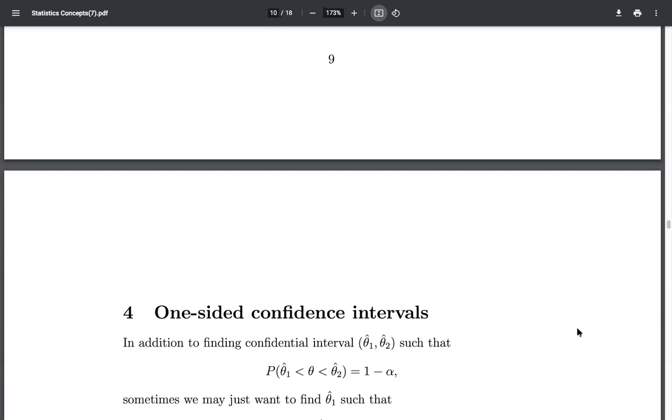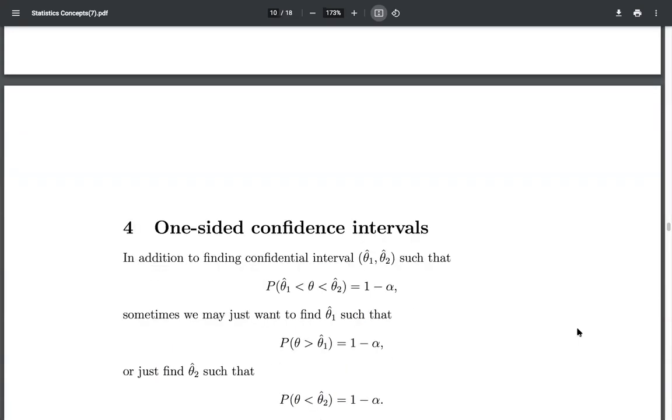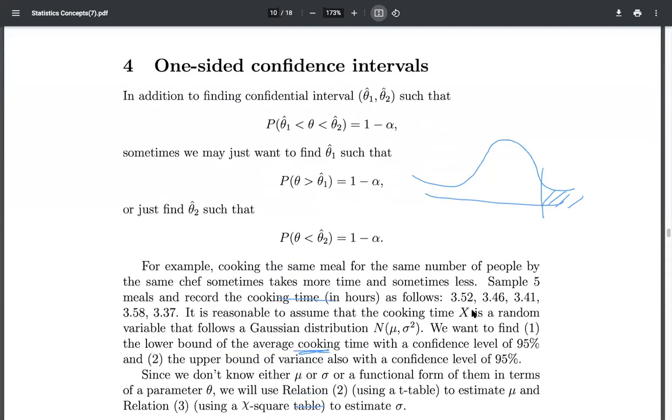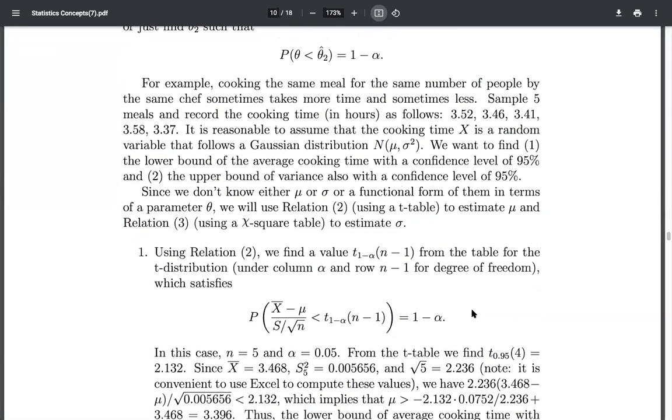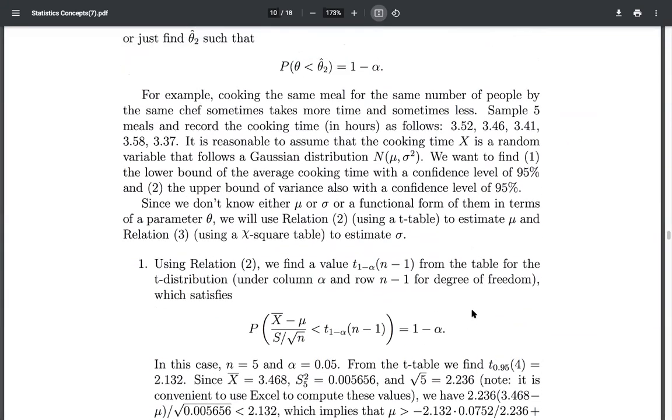What I want to say here, now let's skip 4. 4 just means one-sided confidence. Instead of doing this, you're going to do either this or that, just by looking at the table at one side or the other side. So that's not hard to figure out.